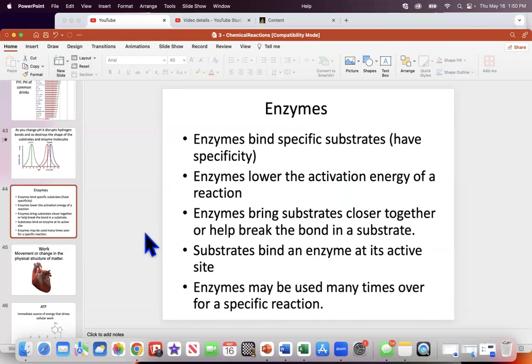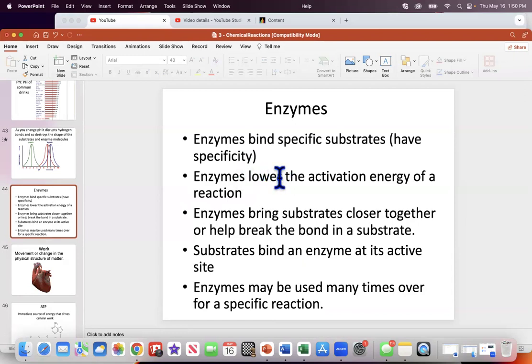So here's the conclusion on enzymes. Enzymes work on specific substrates. They have specificity, very specific. An enzyme that digests carbohydrates only digests carbohydrates, and an enzyme that digests protein only digests proteins.